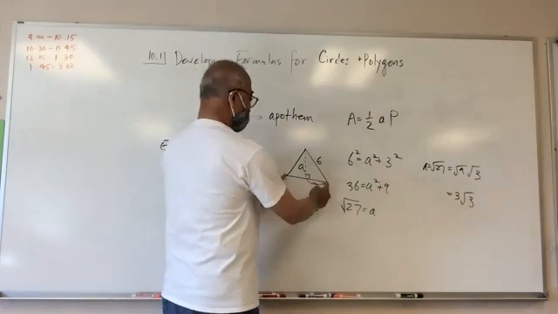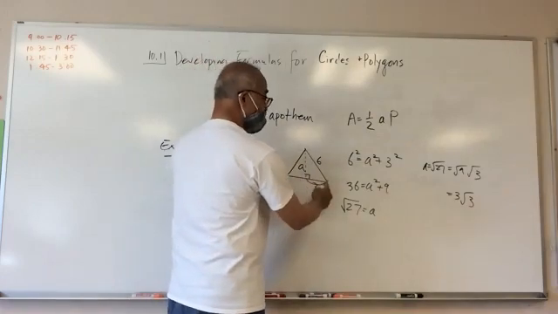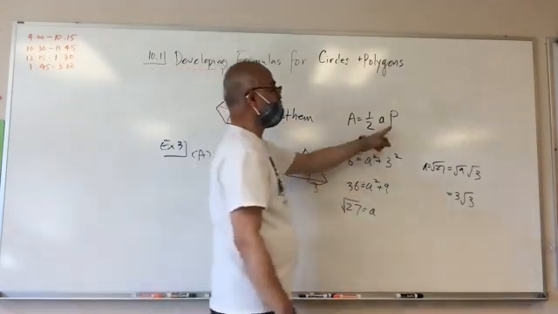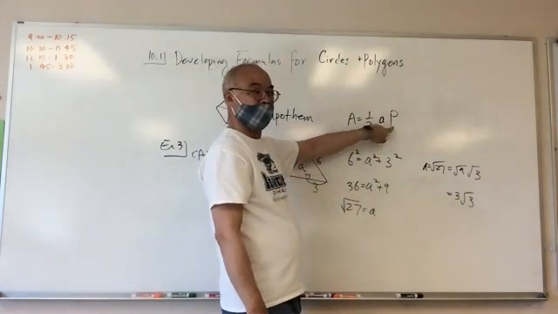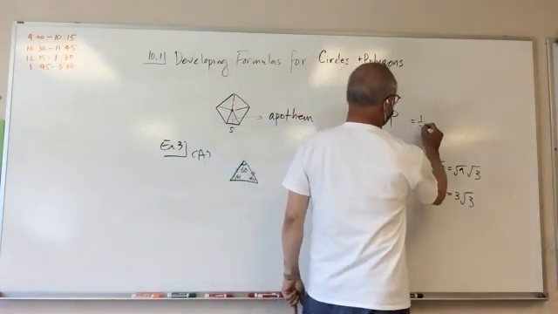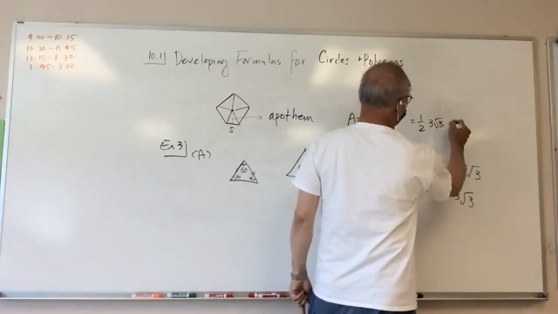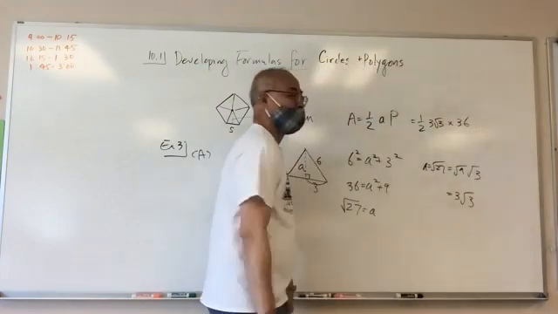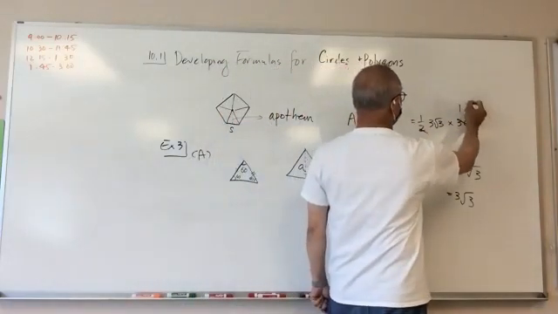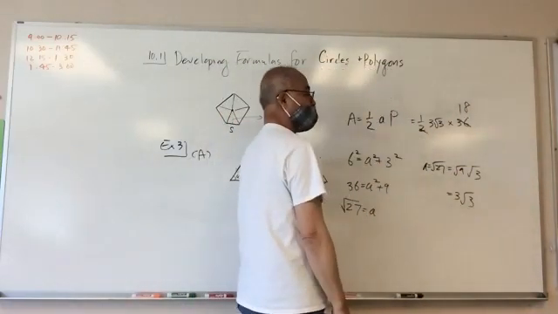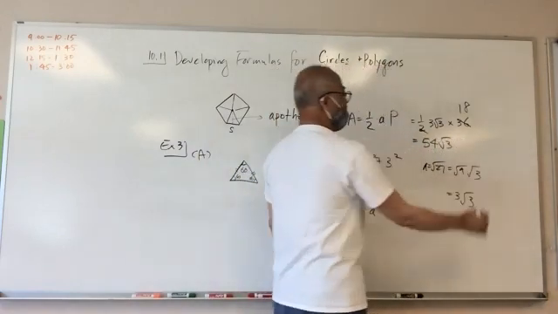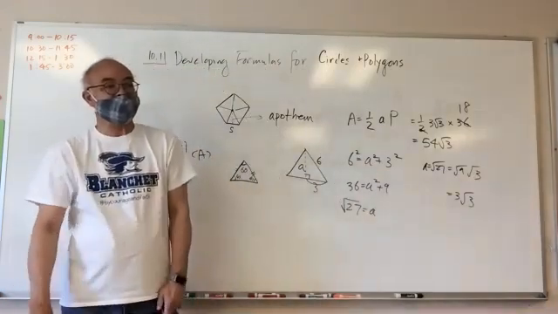I have this from here to here is 3, here to here is 6, and I have how many of these? 6. So your perimeter is going to be 36. You see that 6 times 6 there, right? So, eighteen times 3 is 54 all day. That's your answer.